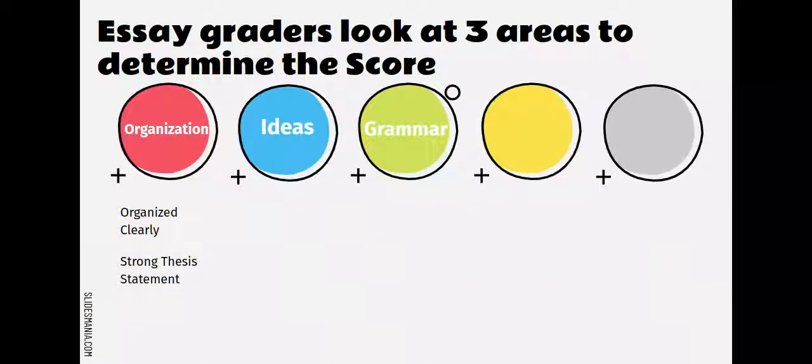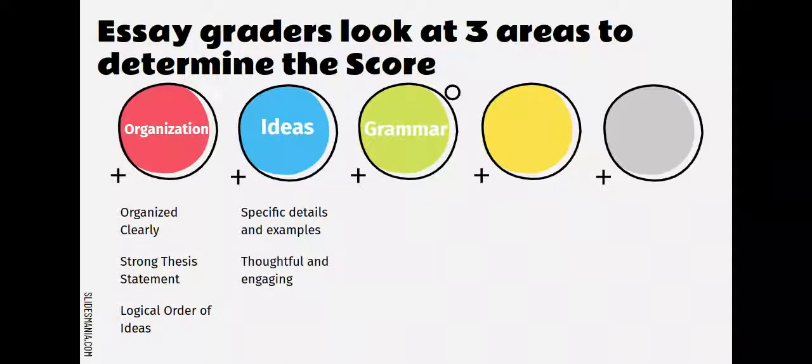They're going to look for a strong thesis statement, and they're going to want your ideas to be in a logical order. When it comes to your ideas, they want those to be specific details and specific examples, not generalizations. And they also want your ideas to be thoughtful and engaging, not basic and surface level. They really want you to think.